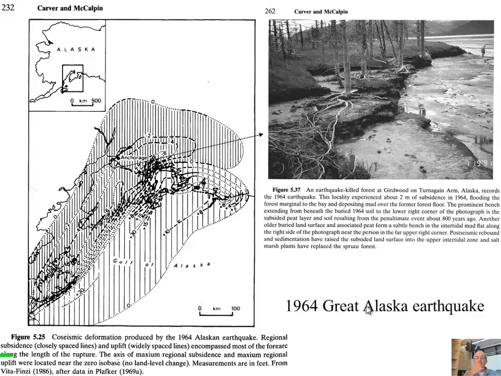And it's important to keep in mind this simple earthquake cycle model. So I showed this a little bit before, but these are earthquake-killed forest that was subsided 2 meters in 1964. And so these trees, they don't like to be in the ocean, and so when they subside, they are killed.